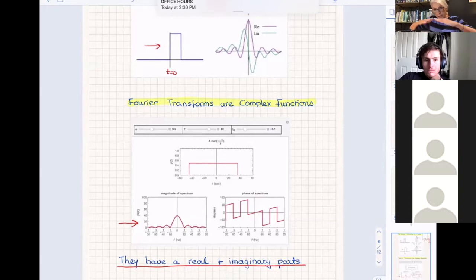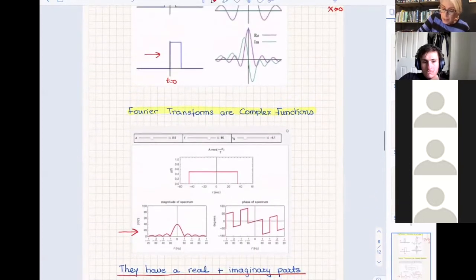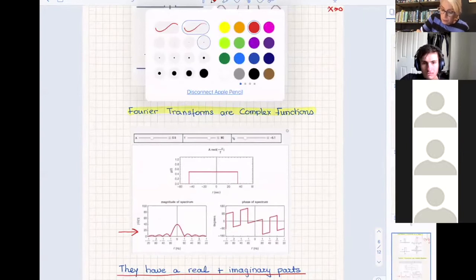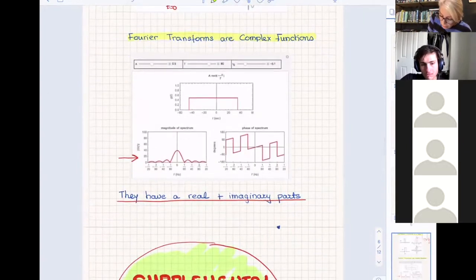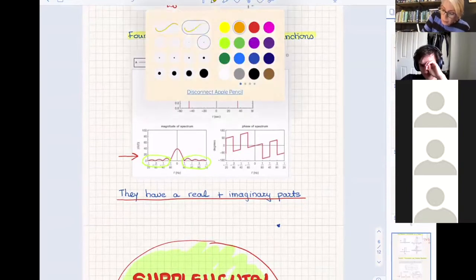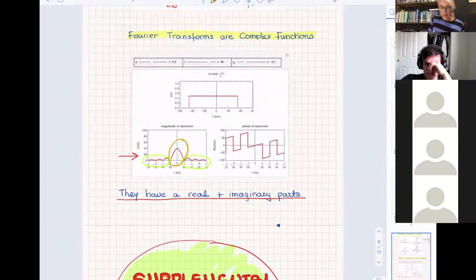If I call side lobes these ones, because they're small. Ideally, I don't want them, but they're there. The main lobe is this one. I like the main lobe. This is a low pass filter, for example. I can consider that as a low pass filter. Low pass because everything goes through if I were to use that as a filter.